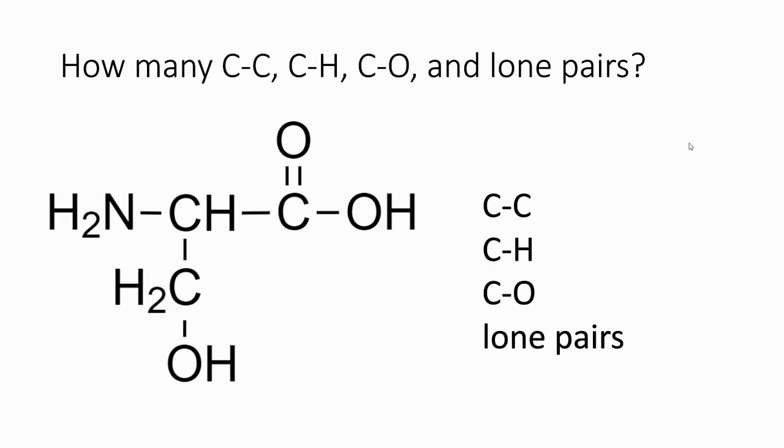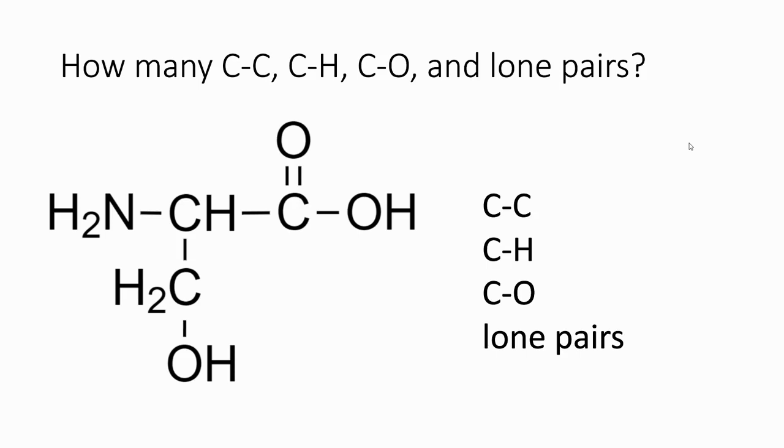There's two of those. How about carbon to hydrogen? I think there are three. So we've got one here, carbon hydrogen, and then carbon hydrogen, two of those. So 2 plus 1 plus 3.